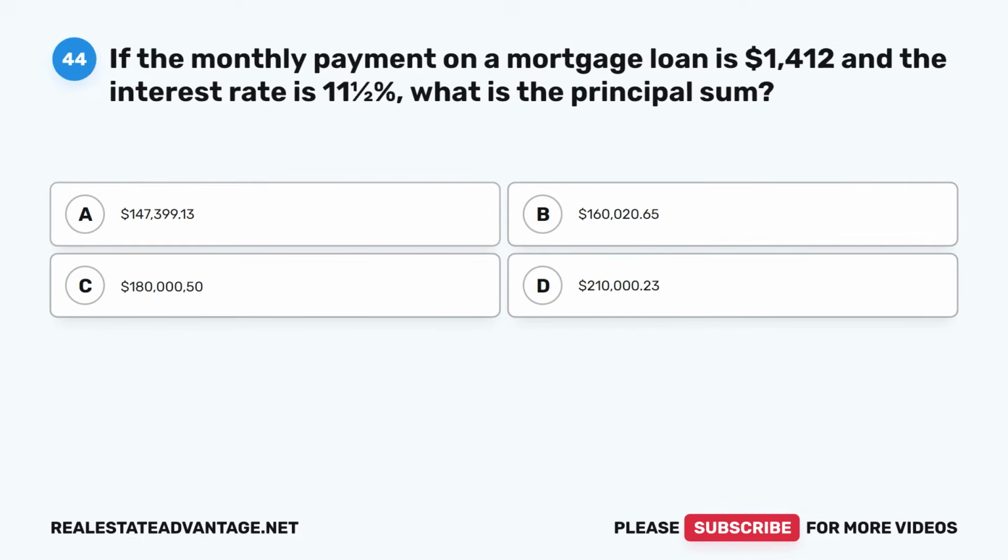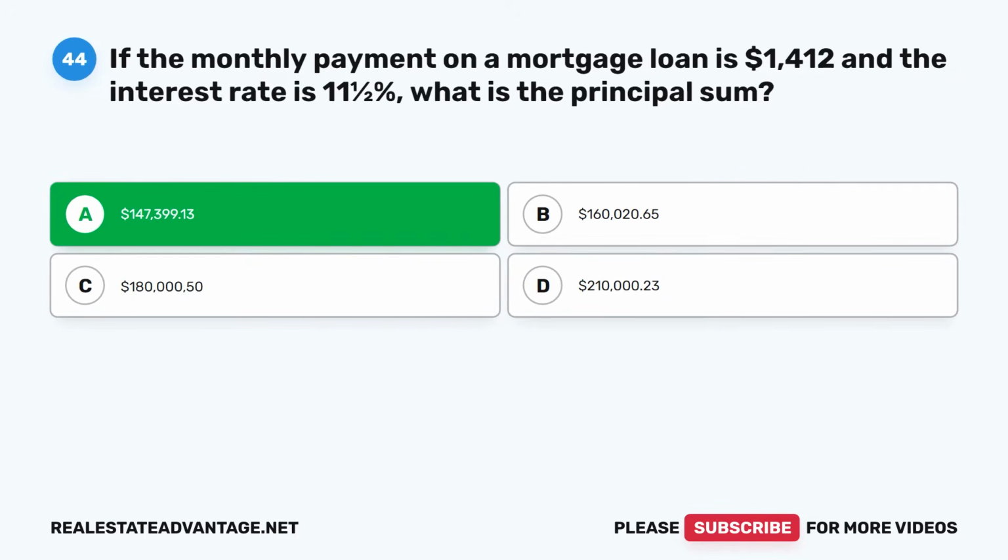Question 44. If the monthly payment on a mortgage loan is $1,412 and the interest rate is 11.5%, what is the principal sum? A. $147,399.13. B. $160,020.65. C. $180,000.50. D. $210,000.23.